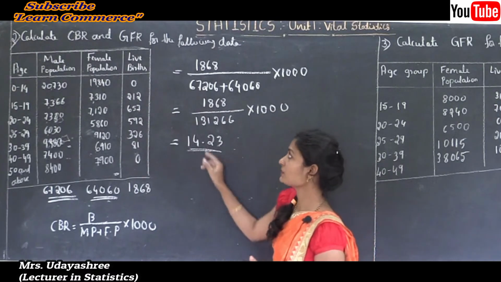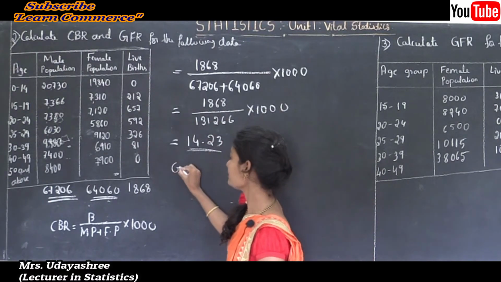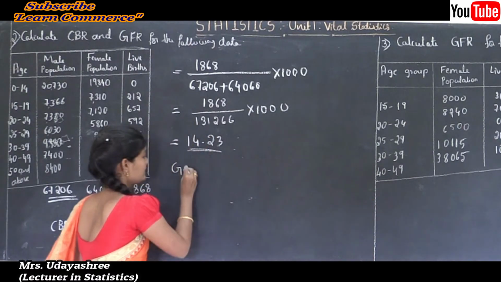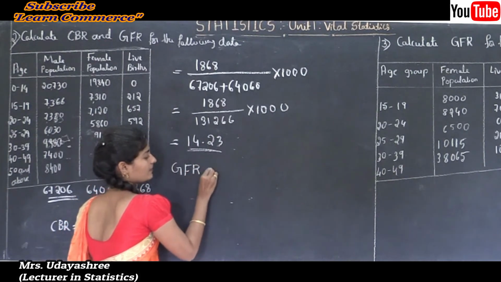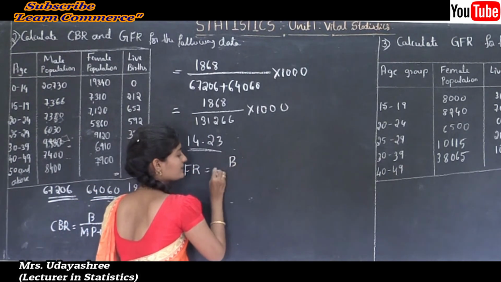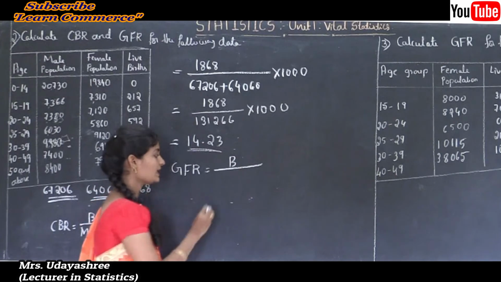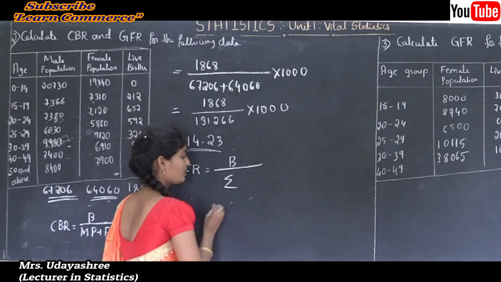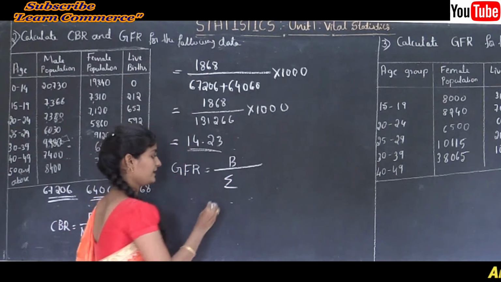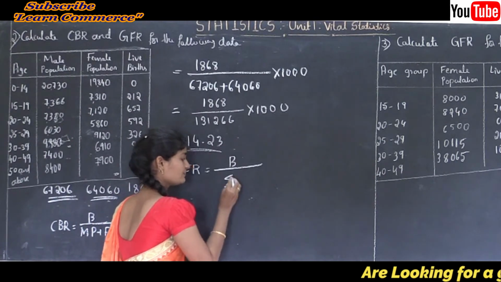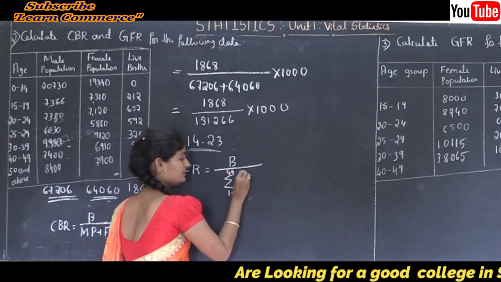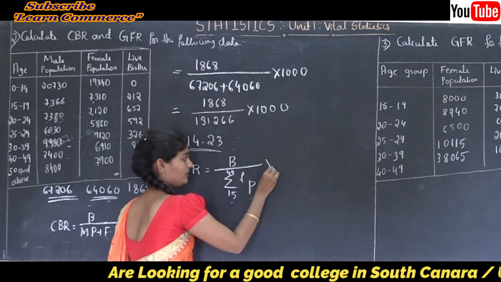Okay, next we need to calculate GFR. We know the formula of GFR, that is number of live births divided by total number of women of childbearing age. Here childbearing age is 15 to 49 years, then female population into 1000.